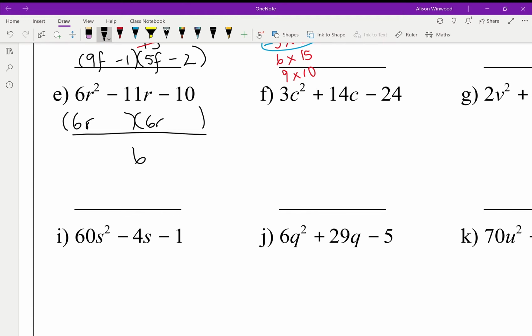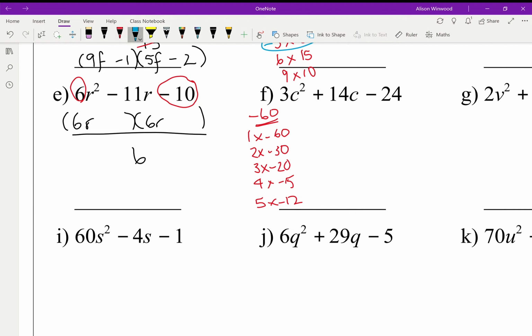over 6, look for the factors of -60. There's quite a lot of those. But we're keeping our eye out for ones that add up to -11, so I've actually already got there. +4 and -15.